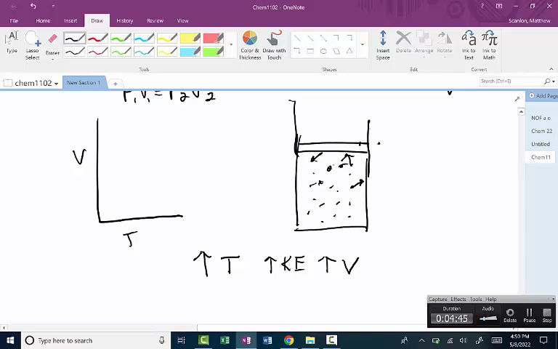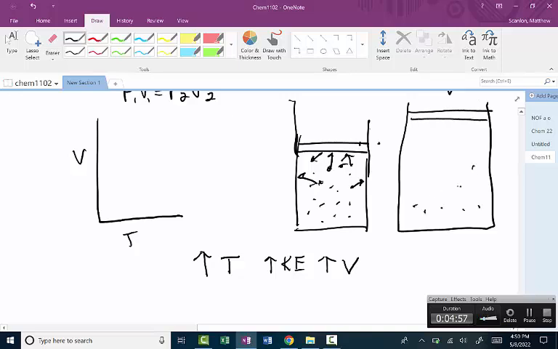They're going to have harder collisions, and we're going to have more of them because they're moving faster. And so what happens to this? The volume increases. We have more collisions in here, and the number of molecules doesn't change, but the volume increases. And so we see something that runs like this: volume versus temperature, a nice straight line.